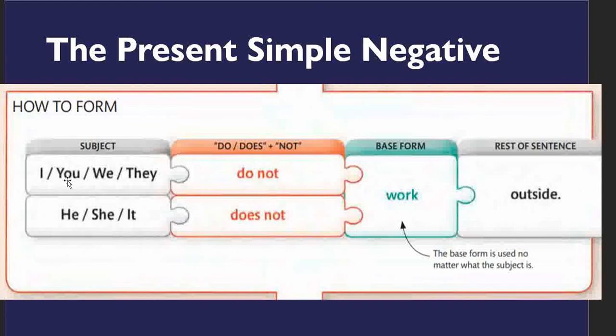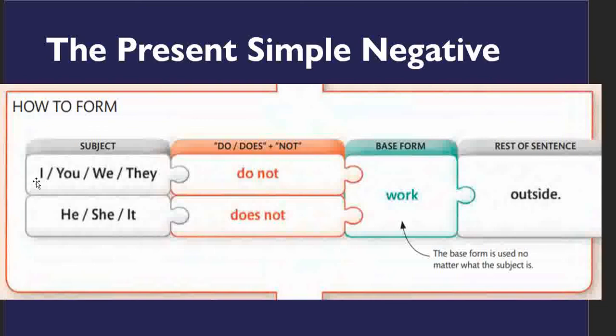I do not, you do not, we do not, they do not. Whereas he, she, and it will take does not. The base form of the verb is used. So in the negatives, remember that the base form is used no matter what the subject is. And then we have the rest of the sentence.